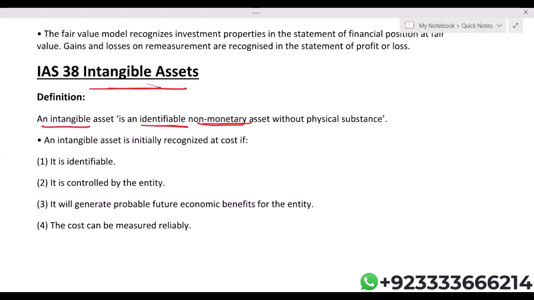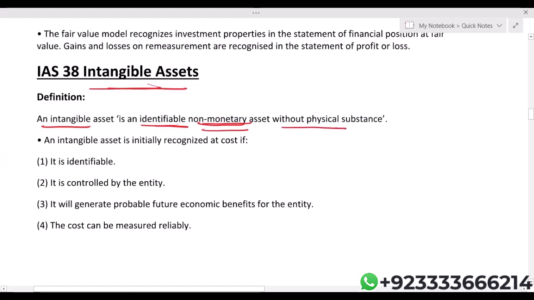When we say accounts receivable, we exactly know how much we are going to receive. That is a monetary asset. But in case of intangible asset, obviously we cannot say how much we are going to receive. So an intangible asset is identifiable and non-monetary. Non-monetary means where fixed cash is not determinable.